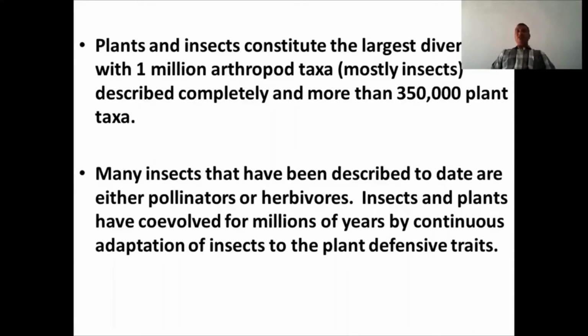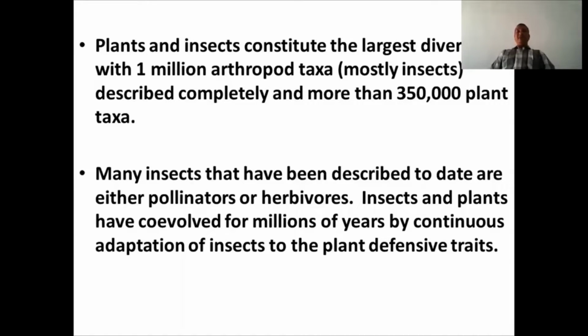The insects having an association with the plants can be divided into two categories. Either it is a pollinator or it is a herbivore. Either they may be beneficial or they may be harmful. As you know, pollinators are useful and beneficial, and herbivores are usually the enemy, generally causing damage to the plants.